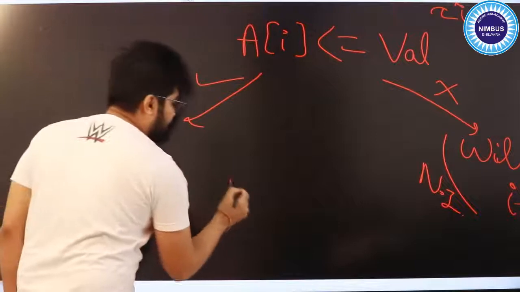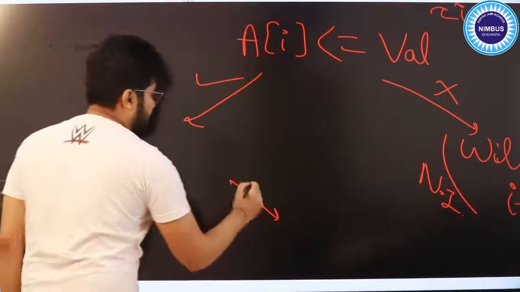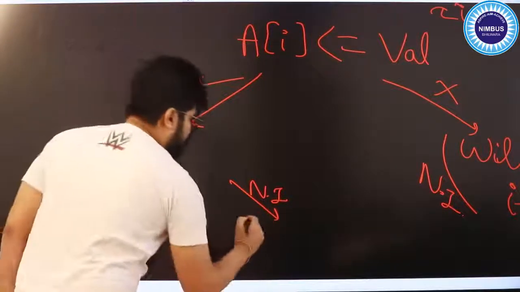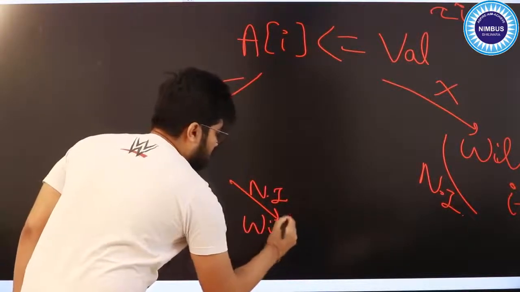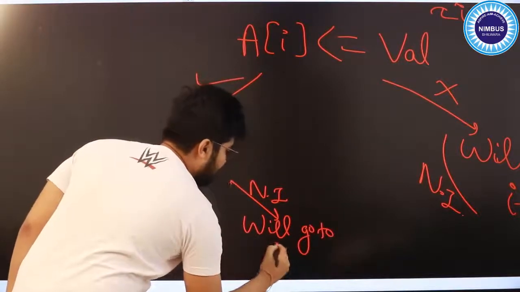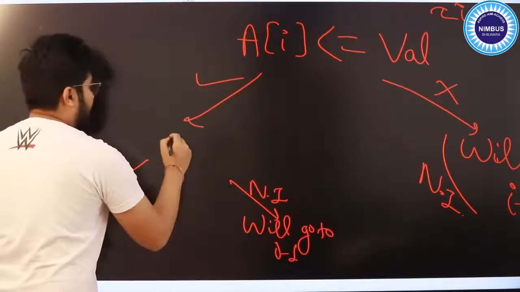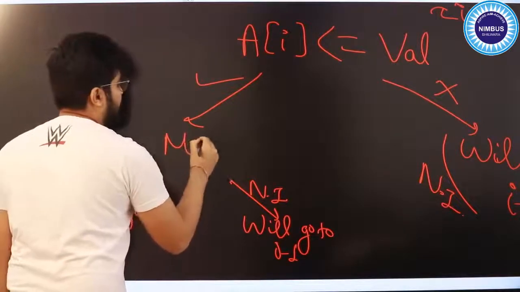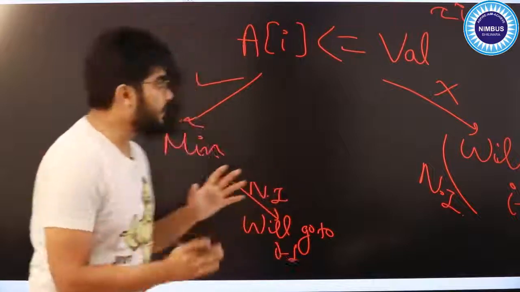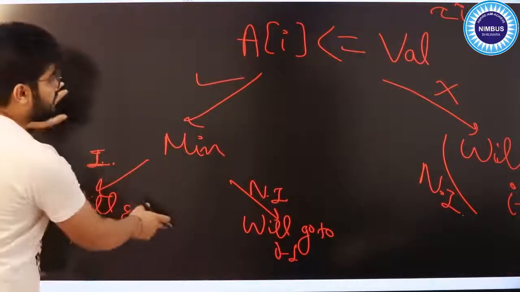And the other condition will be that we will not include this particular coin and will move ahead. In that scenario, we'll go to I minus 1. And we'll find the minimum of these 2. Okay, simple. This is a selection diagram.